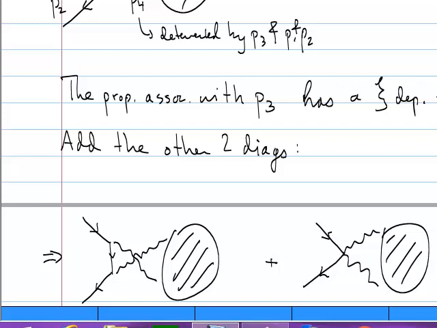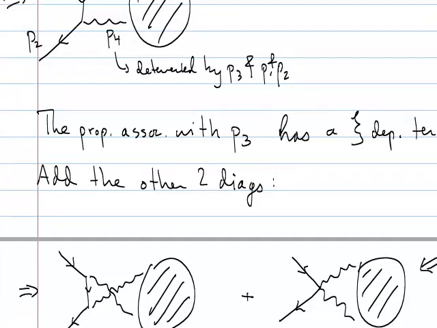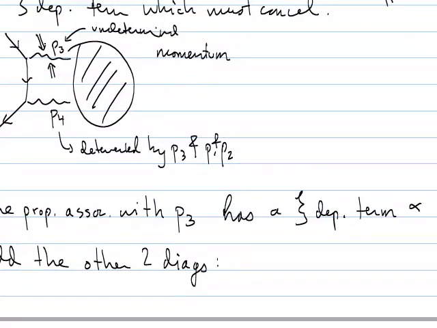But the part of it that is proportional to zeta, okay, coming from this propagator right here, is going to vanish precisely because that propagator looks just like a polarization vector proportional to P3. So we can see that not only does gauge invariance imply Ward identities, which are properties obeyed for external photons, but that precisely the same set of cancellations are necessary in order for amplitudes to be gauge invariant, even when you don't have external photons.